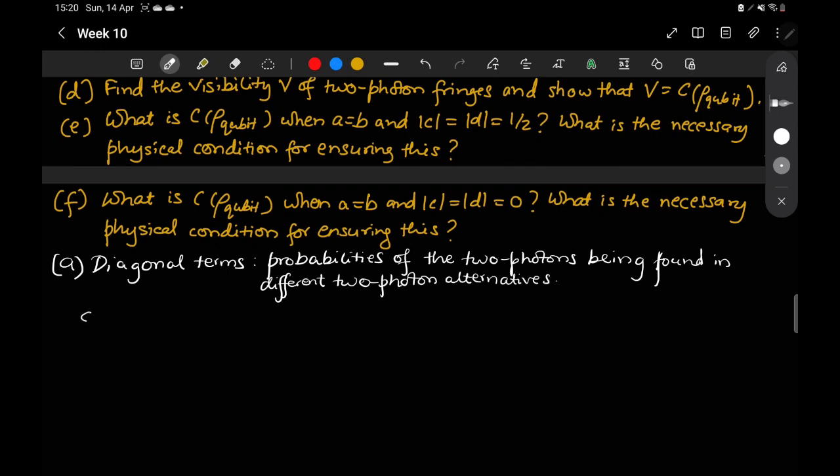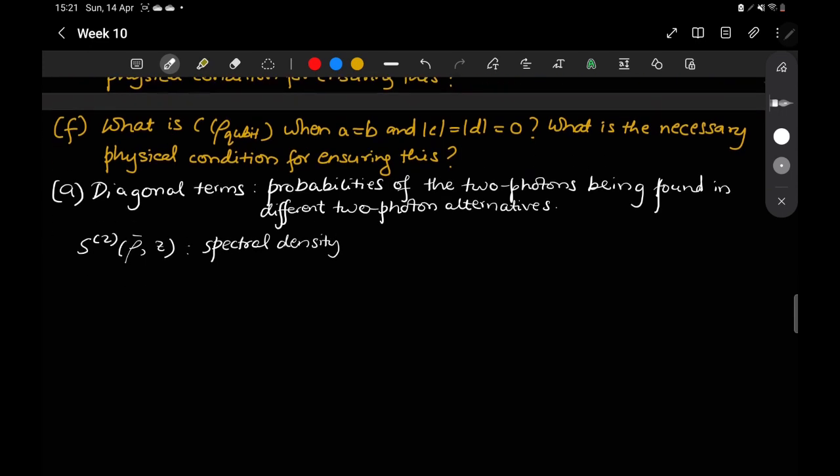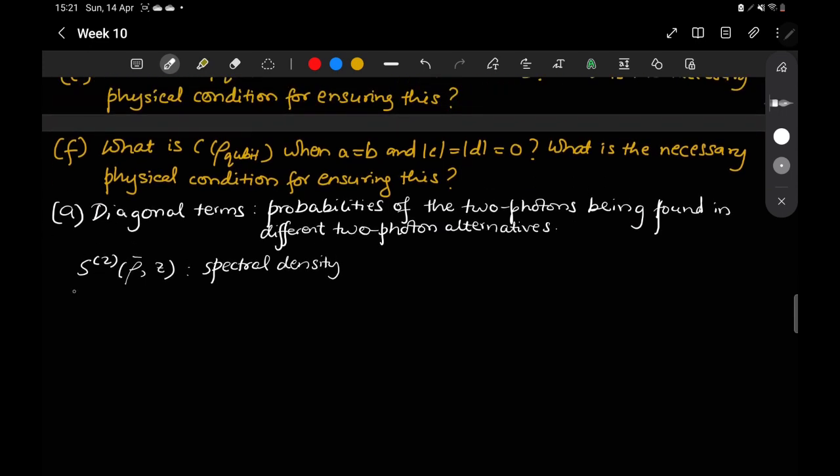And what we know is that S2 rho Z is the spectral density, and K1 squared S rho 1 Z. Okay, this is getting too cluttered.